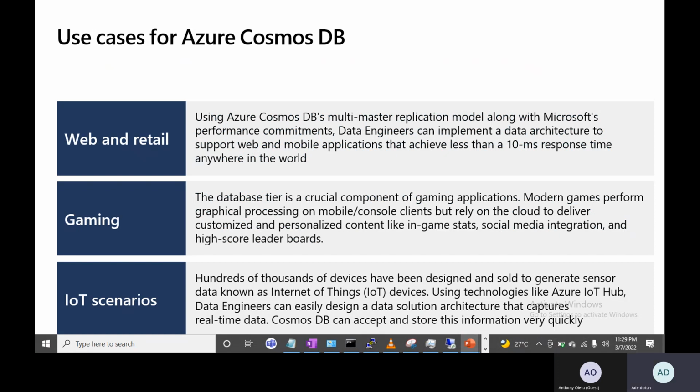So for Azure CosmosDB, it has a multi-master replication model along with Microsoft's performance commitment. A data engineer can implement a data architecture to support web and mobile applications and achieve less than 10 millisecond response time.